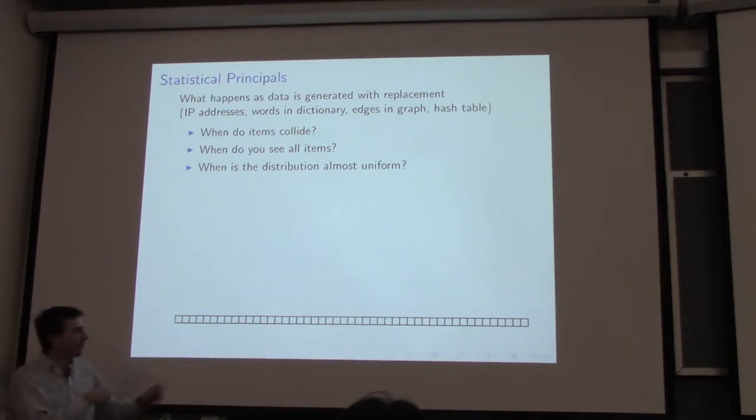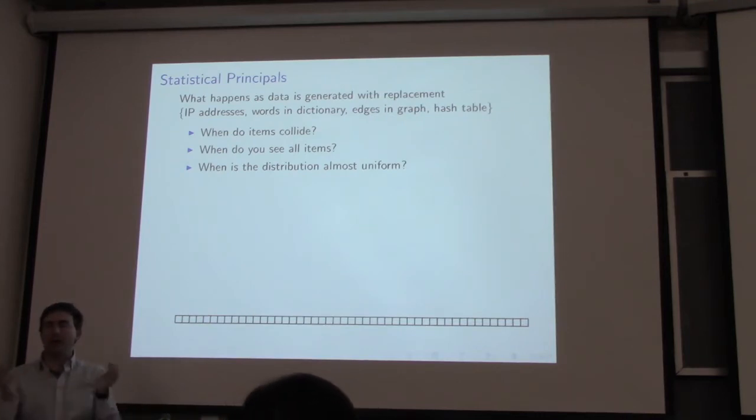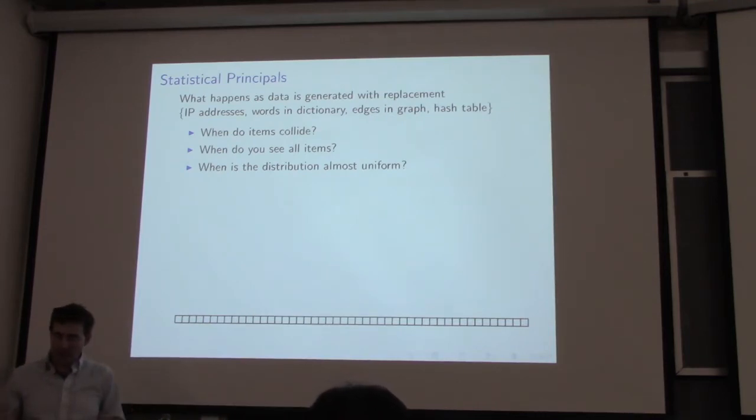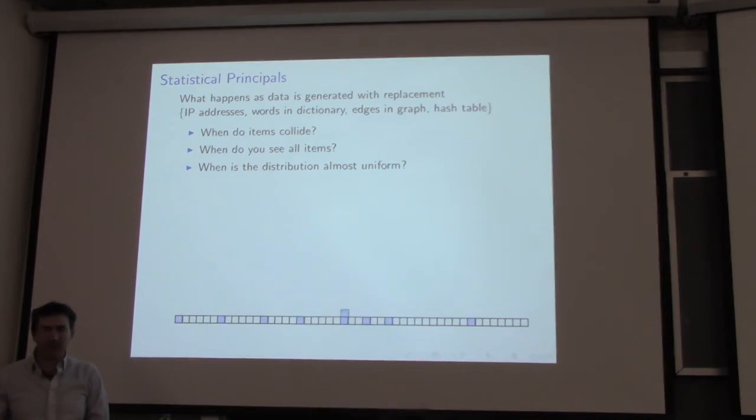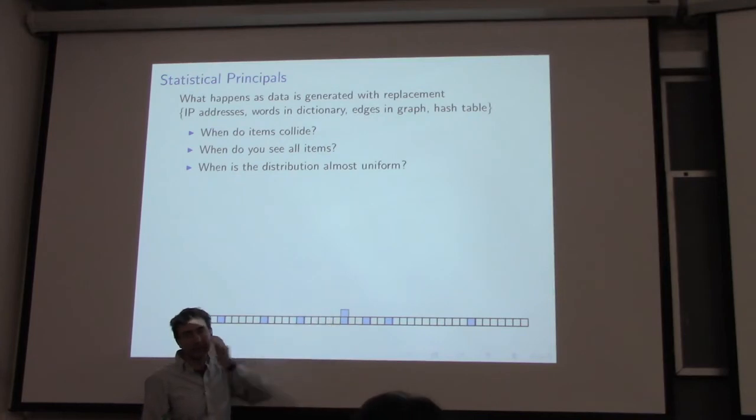You can think of this as a very large number of objects. It could be a hash table. It could be all possible IP addresses. It could be all the words in the dictionary. And we'll think of things like, as I start putting them in, when's the first time that two objects fall in the same spot?